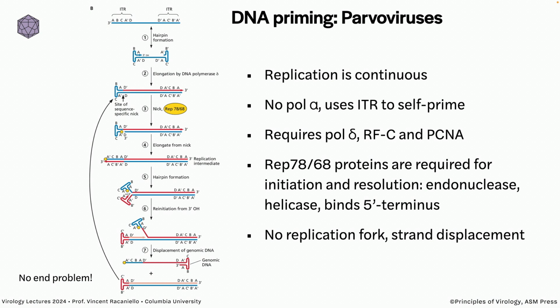And so now what happens is, here's what the DNA looks like after it's been nicked. And then the T structure is denatured, and that's shown in the next panel here in step 4. So the blue part would be denatured, and then the polymerase fills in to make it double-stranded.